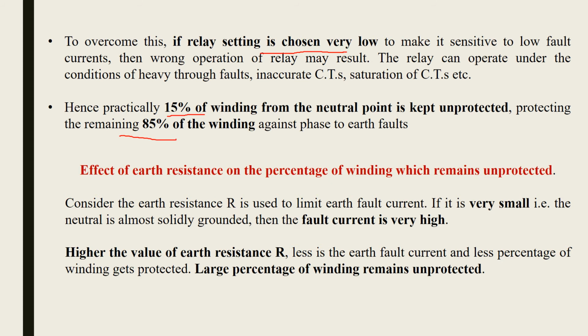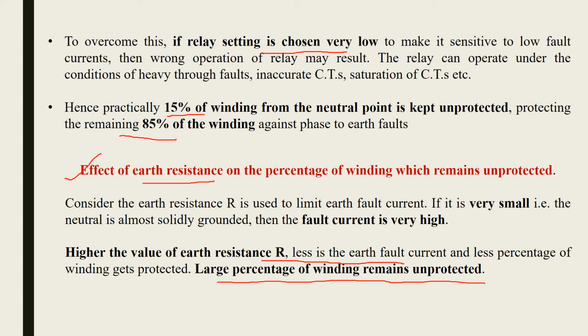As already stated, the earth resistance value is of great importance, as the higher the value of the resistance, the less is the earth fault current. Since resistance is high, obviously the earth fault current will be less, but in this case a large percentage of winding remains unprotected.